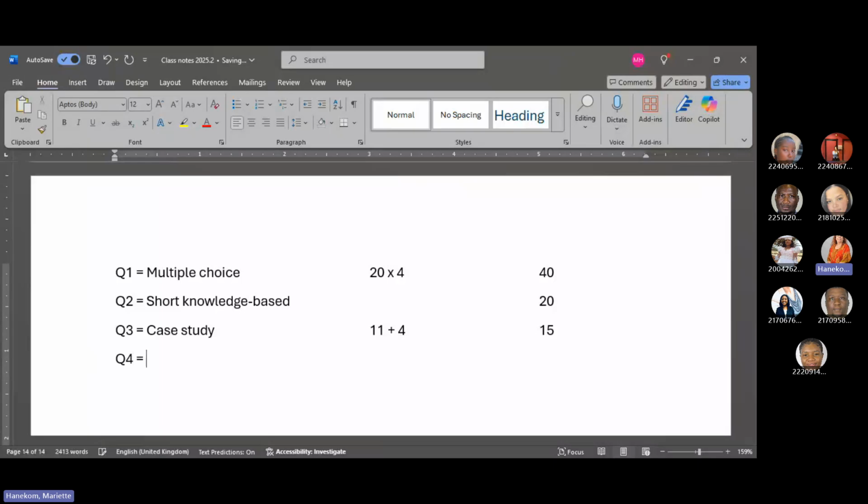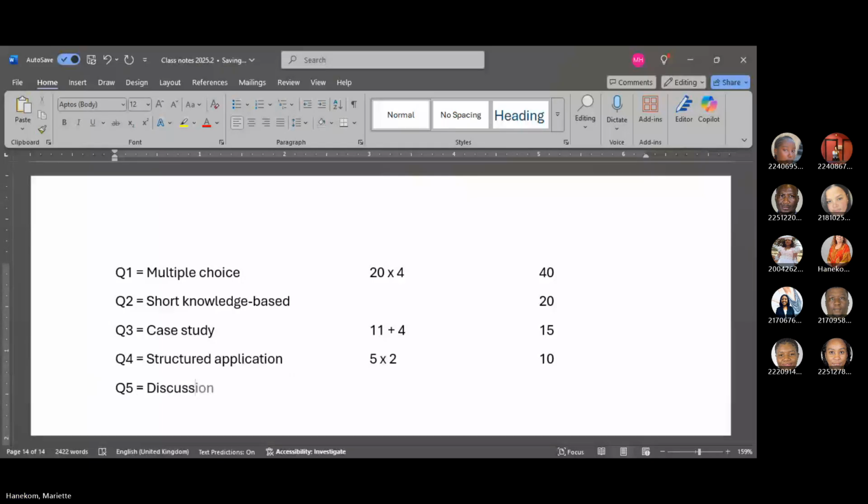Question 4 is what I refer to as structured application. Five questions, 2 marks each. That gives you 10 marks. Question 5 is a discussion. It's a discussion rather than a case study, but I will get back to discussing this in more detail.